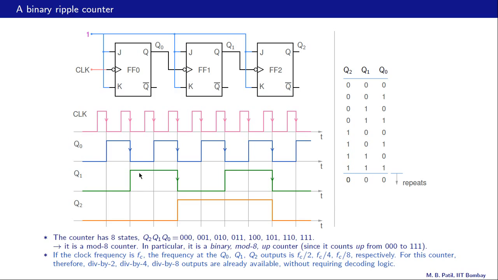Frequency of Q1 is half of the Q0 frequency, and the frequency of Q2 is half of the Q1 frequency. So therefore, we have Fc by 2, Fc by 4 and Fc by 8 for these three outputs respectively. So for this counter, divide by 2, divide by 4 and divide by 8 outputs are already available without requiring any decoding logic.